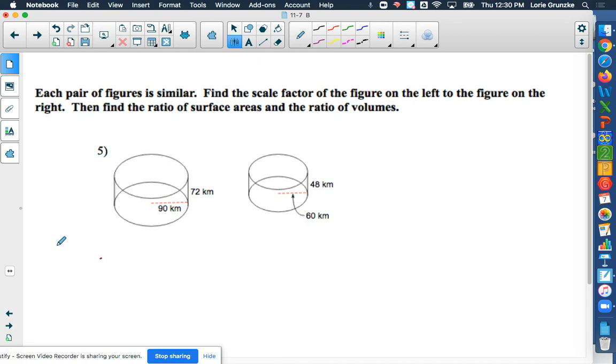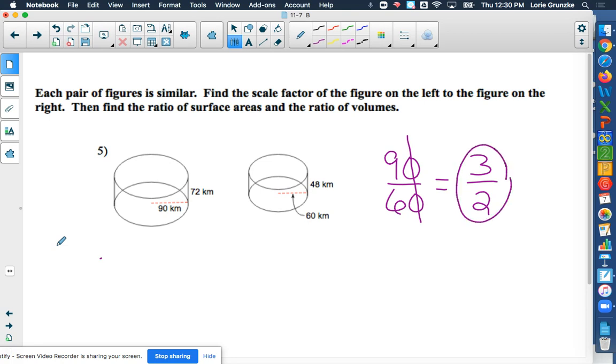So you can either choose the radii or you can choose the height. I look at my numbers and I think 90 over 60, that's my nicest numbers. Okay, to reduce that, some of you would know to do that. 9 over 6 reduces to 3 over 2. There's your scale factor. That's like the magic ratio that we're going to use.